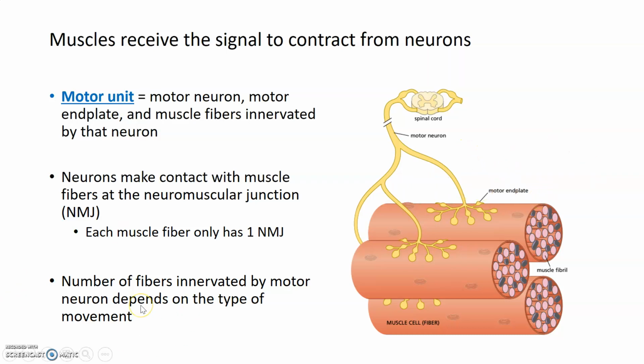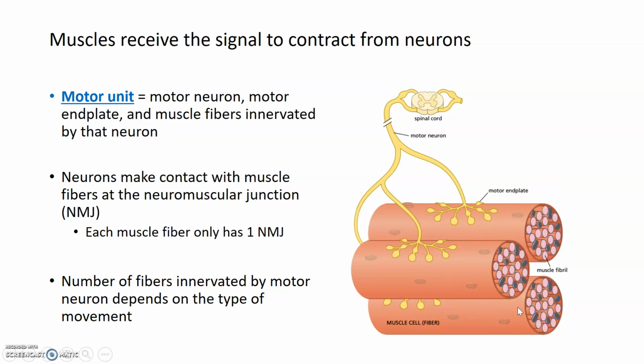And this number of fibers that are innervated by the motor neuron, as I said, is correlated to the type of movement. So typically with fine motor movements, like using your hands to write or do something that's highly dexterous, one motor neuron is only going to be innervating several muscle fibers, maybe a couple hundred, right? Because there then becomes this level of control that motor neuron has, and its signal is dispersed over fewer fibers, right?